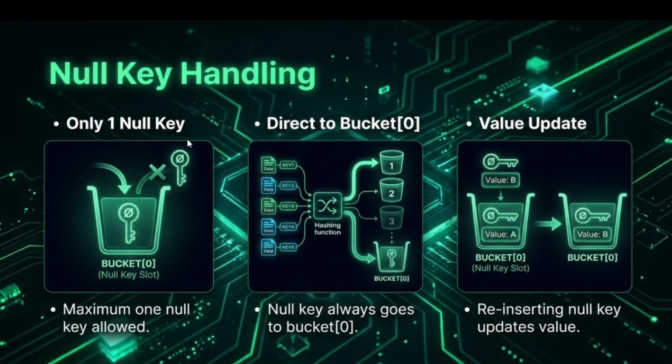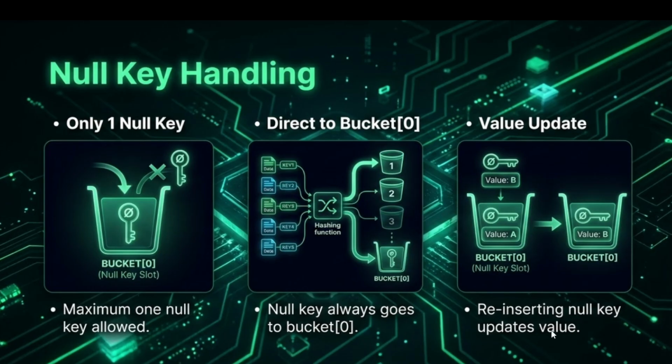Null key handling. Only one null key will be allowed. Maximum one null key allowed. It will be added into bucket 0. It always sits in bucket 0. See, null keys always go to bucket 0.